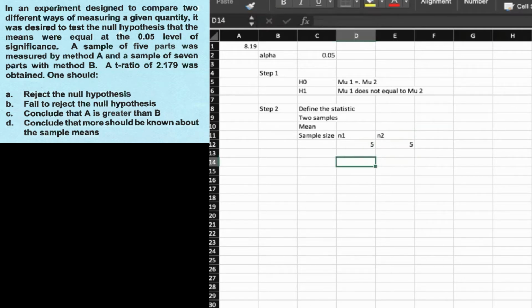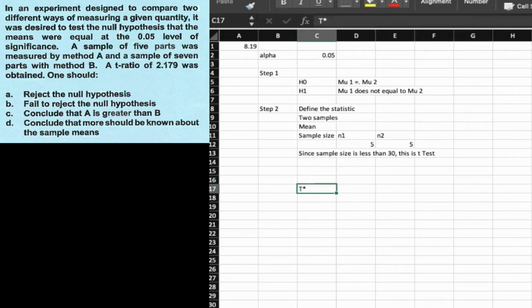Since the sample size is less than 30, this is a t-test. And step 3. So t equals what? 2.179. Yeah, that's t star, right?